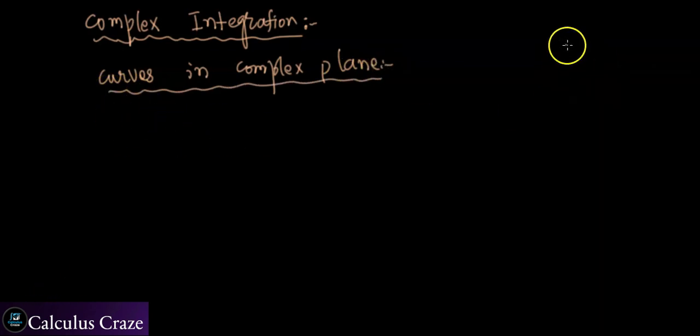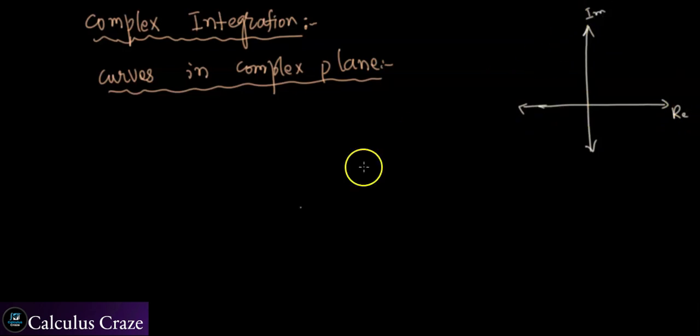So if we have a curve in the complex plane, let me draw this over here. Suppose we have this complex plane where the x-axis is the real axis and this is the imaginary axis. Let me say that I have this curve which is located in this complex plane.